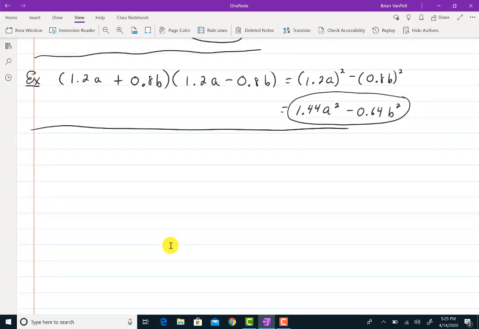This next one, I don't know what you know, a square binomial. In fact, better than this, the notation that's used is this: perfect square trinomial.